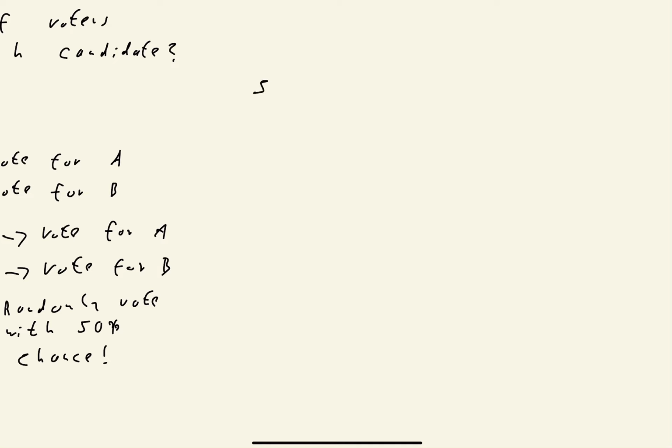So SA, the vote share of A, which now I will explicitly define as a function of IA and IB, is equal to the following. It's (IA plus IB) divided by 2 if IA is strictly smaller than IB.